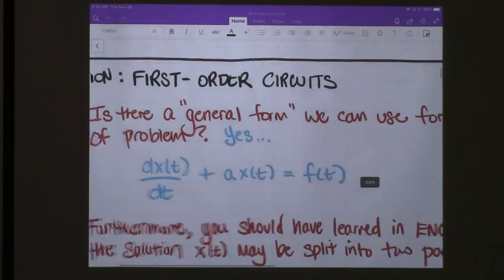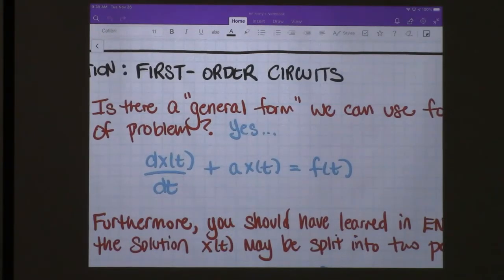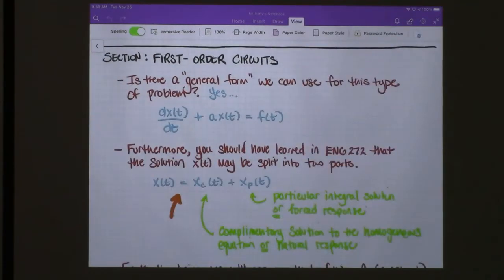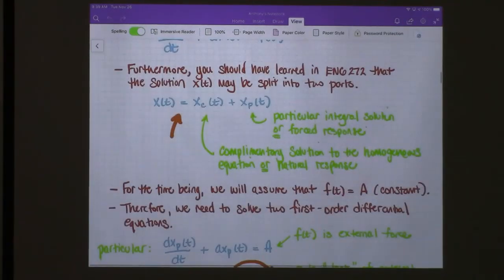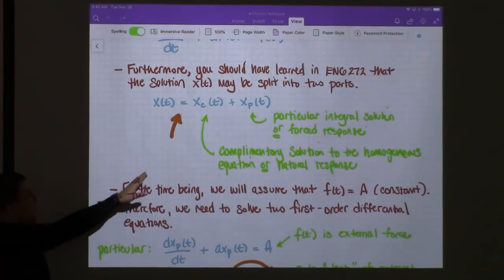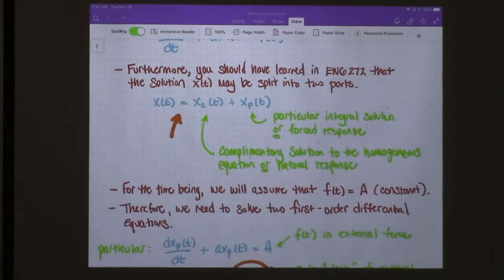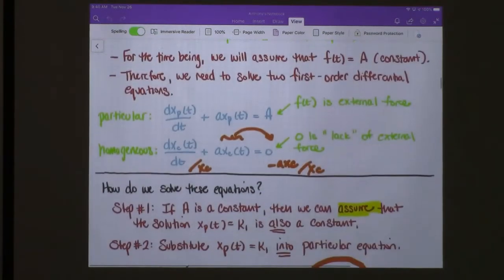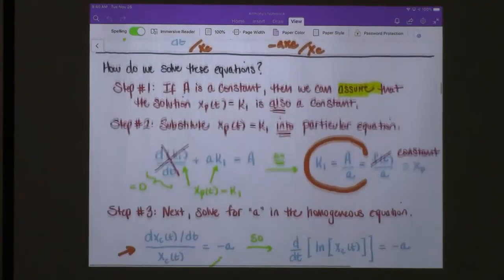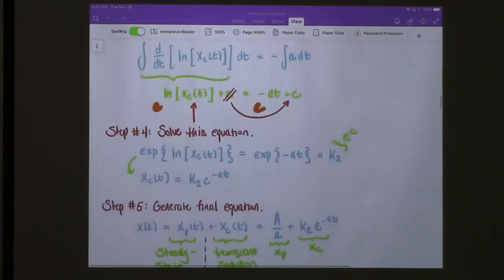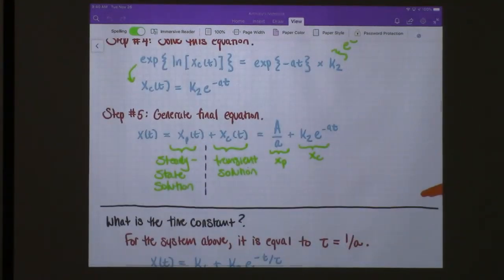And what we saw was there's a process that requires us to split the solution into the complementary and particular solutions, right? As shown here. And by doing that, and using some combination of algebra and calculus, we're able to solve and end up with this solution here.